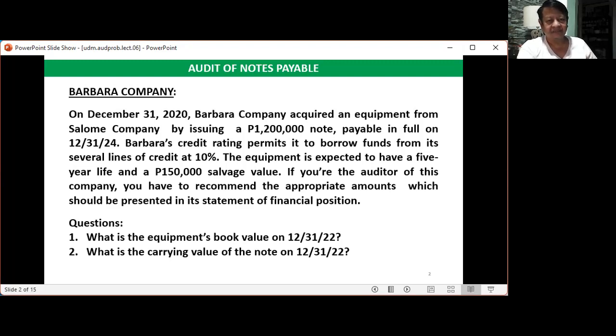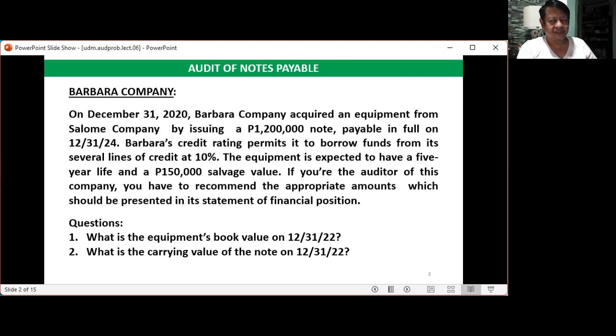Again, let me explain the meaning of salvage value. It is also called residual value, meaning to say, if the machine will become fully depreciated, the selling price will be the salvage value. Because as usual, a fully depreciated machine in actual practice can still be used by the company.